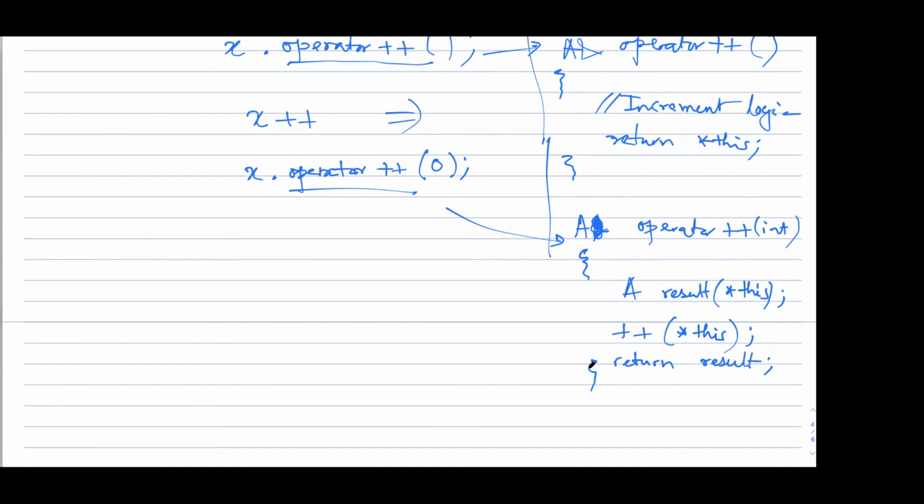Now, I'm just giving you how the typical implementation would look like, okay? Because in this case, for the postfix, what you want is that you want to first get the copy to happen, before incrementing. And then you want to increment the corresponding value.